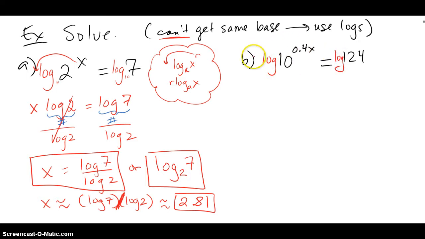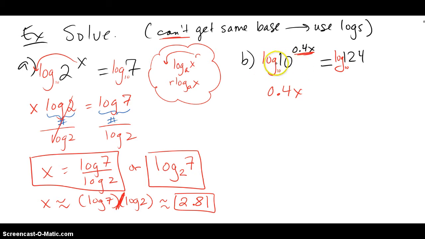And I can bring down the exponent if I want, but notice also that if the base is automatically implied to be 10, and the base and the argument's base are the same, my first piece completely disappears, and I simply get 0.4 of x, because if I bring this down also, log base 10 of 10 is just 1 anyway.